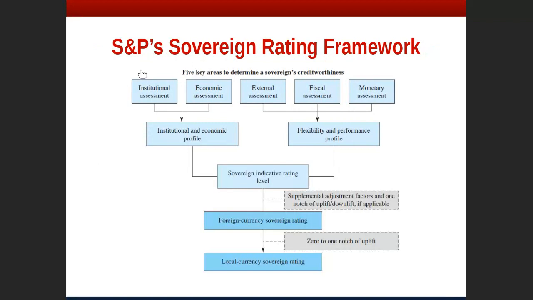This is the S&P's sovereign rating framework. So the S&P starts off by looking at 5 key areas in order to determine a sovereign's credit worthiness. They look at the institutions, right? They look at the strength of the institutions. They look at the economic environment. They look at external factors. They look at the fiscal stance.